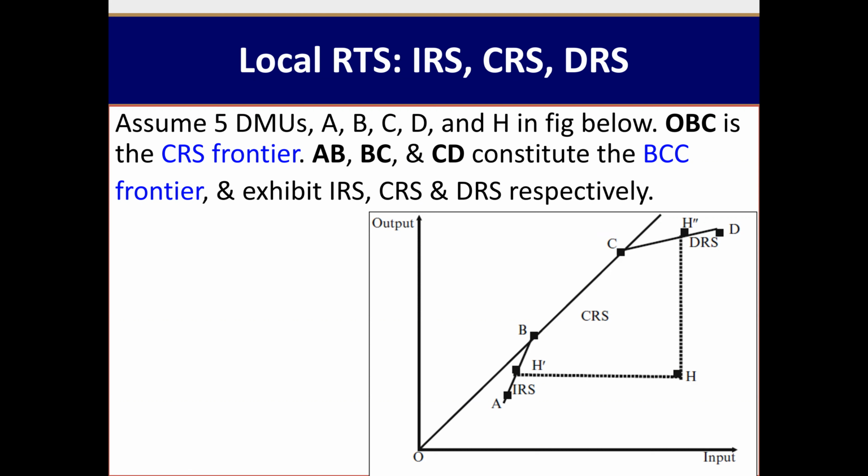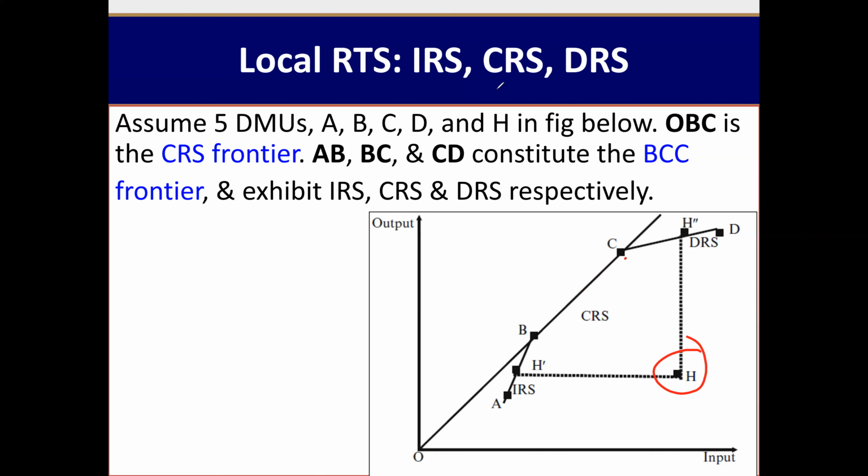When you look at that H, you will notice that the section OBC, this section BC here, they are all exhibiting constant returns. And then the VRS frontier is the AB, BC, and then CD. That's the VRS frontier. So you can see these frontiers that we have indicated.